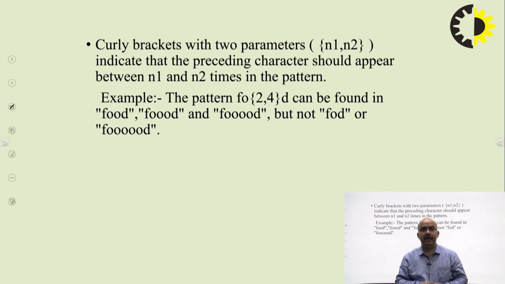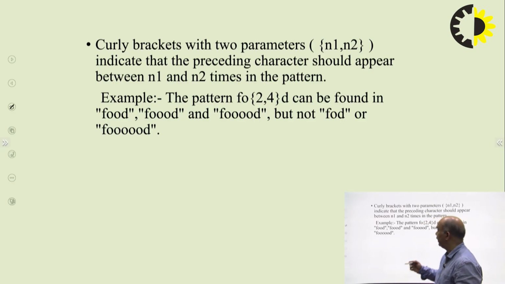Another pattern matching method is where we give two parameters, which indicates the preceding character should appear between them. Let's suppose in this example we take n1 and n2.